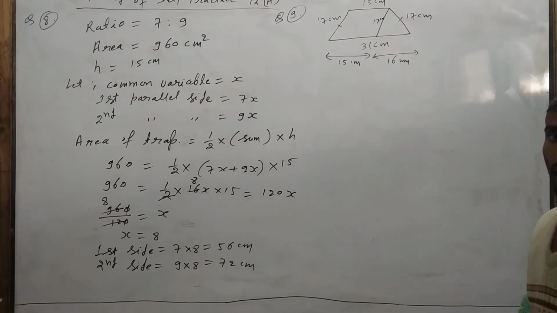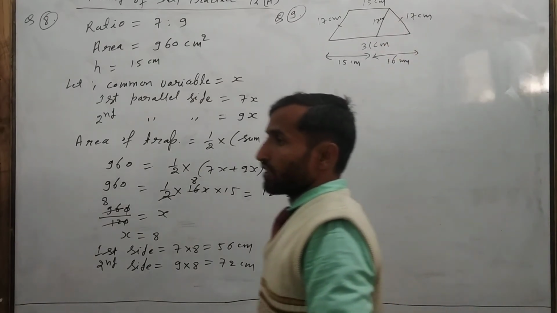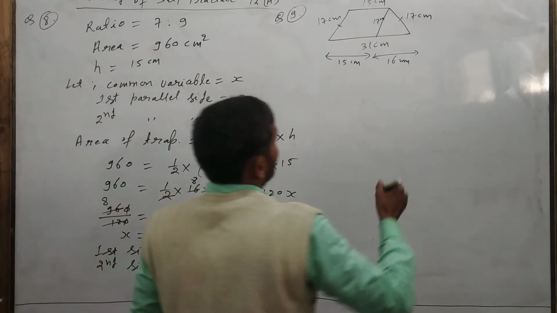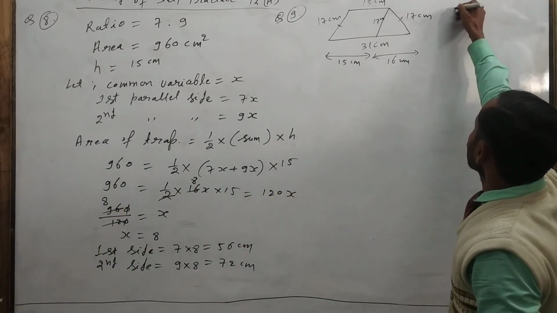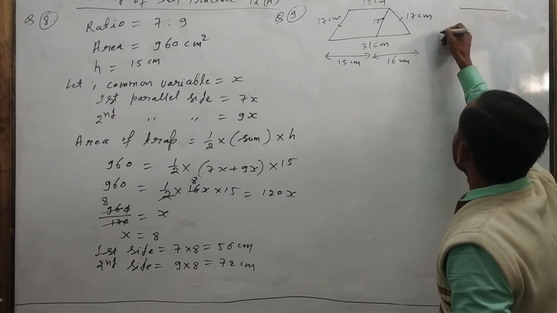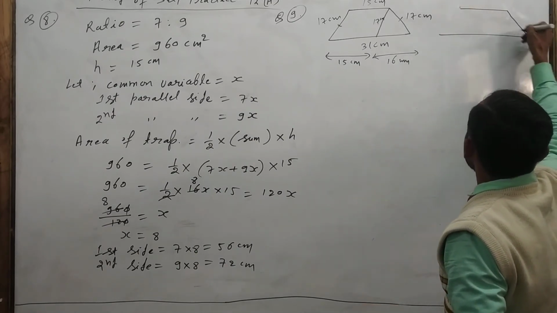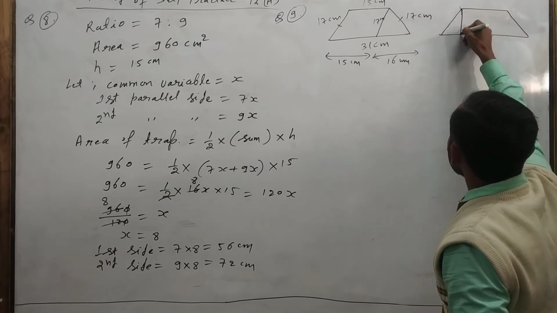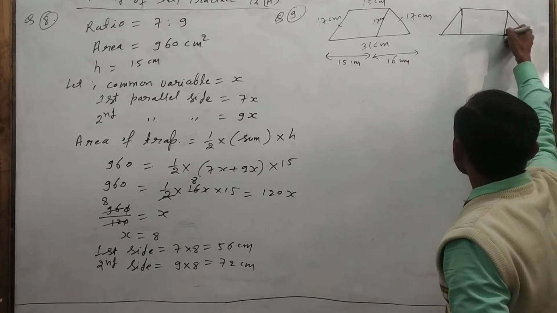So how will we find area of triangle? Then we can go for, or else directly we can draw like this one figure here. This one is 15 centimeter, or like this. Directly we can draw here one perpendicular here and here also perpendicular.